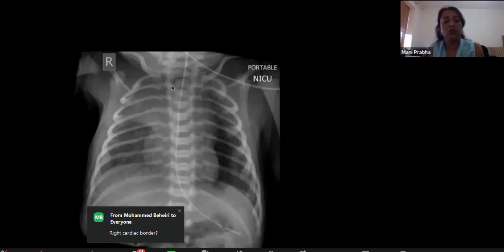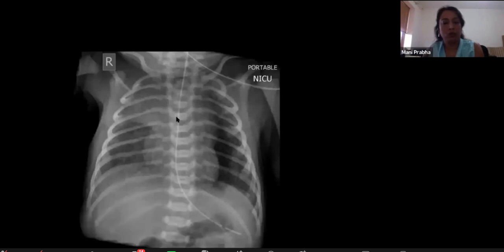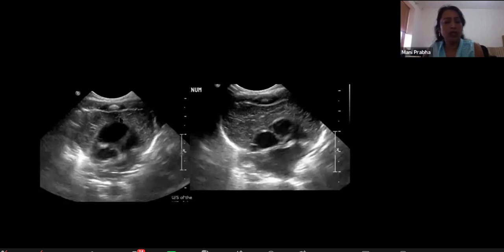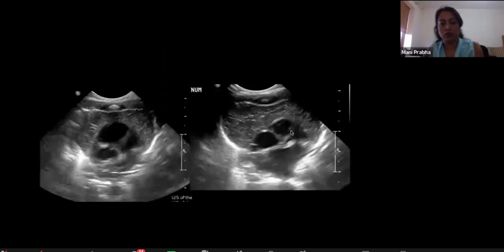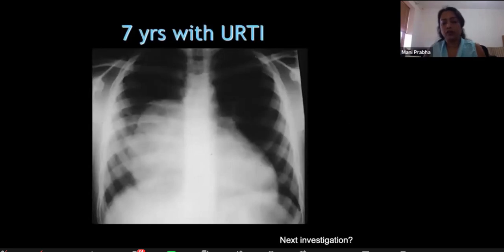There is no shift of the mediastinum or trachea, and there is no expansion of the rib cage in this region. Again, ultrasound was done in this one also, and we see both the lobes enlarged. I'm going to take thymus separately also. Yeah, let's move on to the next one.